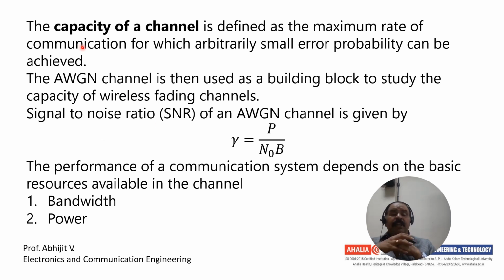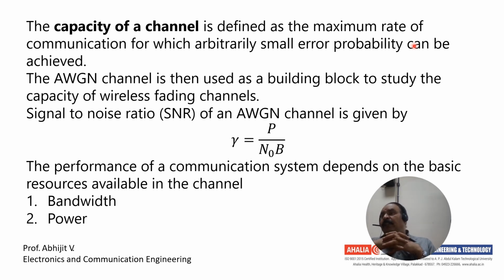Definition for capacity of a channel. The capacity of a channel is defined as the maximum rate of communication for which arbitrarily small error probability can be achieved. As we have discussed in the previous lectures, one of the measures of capacity of any communication channel is how small the probability of error can be.